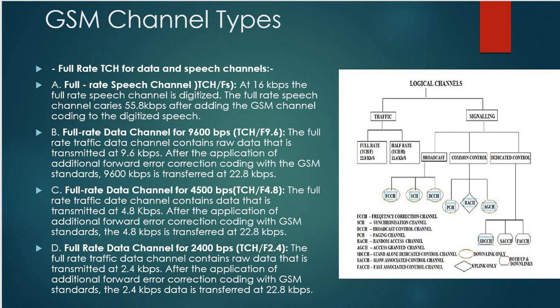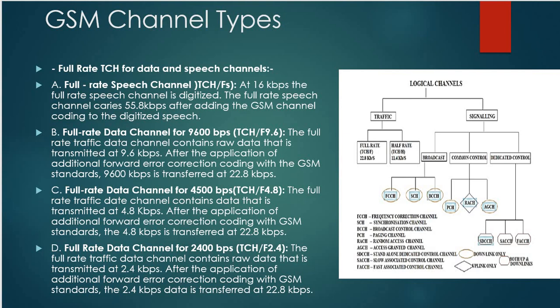In the full rate speech channel, the speech is digitized at 13 kbps. Digitized means there is no analog communication; it is fully digitized. The full rate speech channel carries 22.8 kbps after adding the GSM channel coding to the digitized speech.